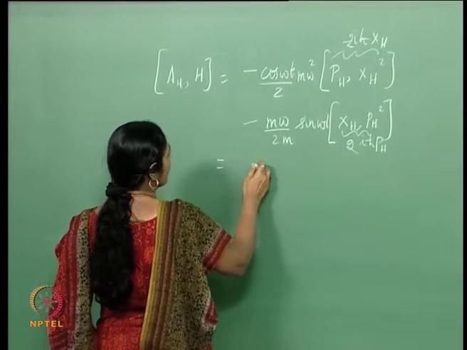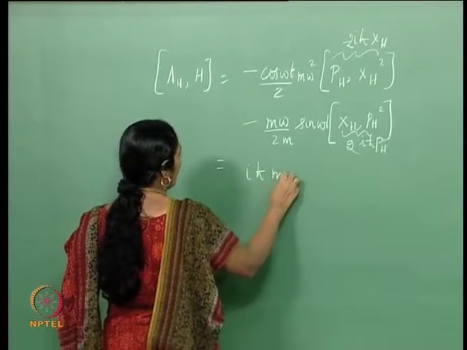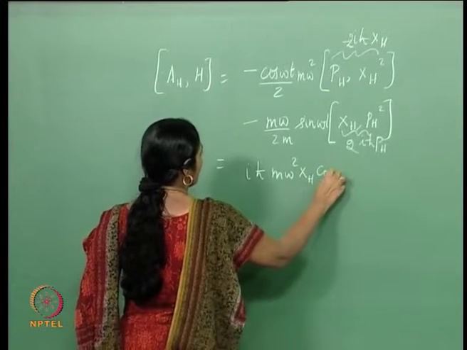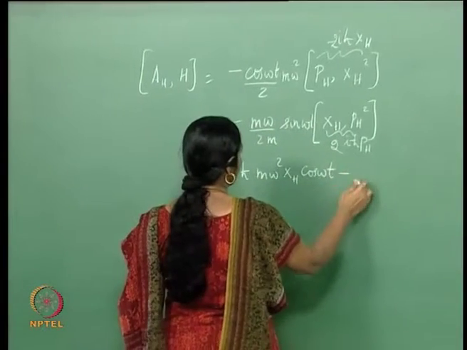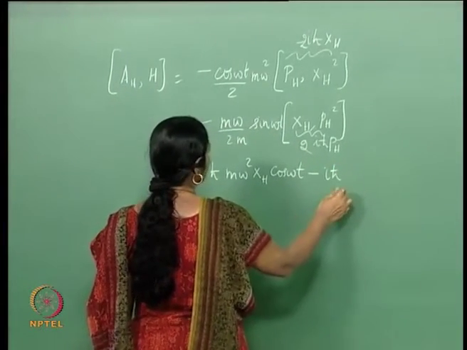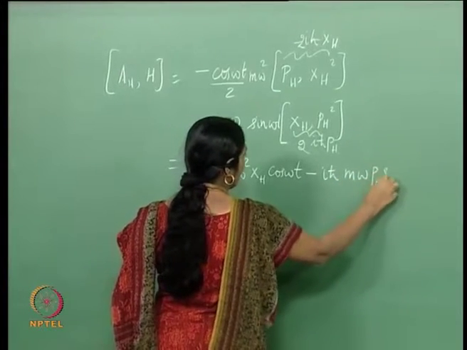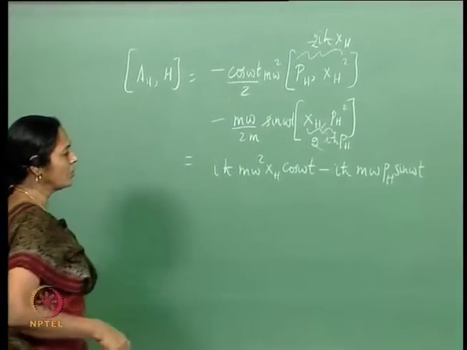So this object is simply i h cross m omega squared XH cos omega t, that is the first term, and the second is minus i h cross m omega PH sin omega t. So this is the commutator.